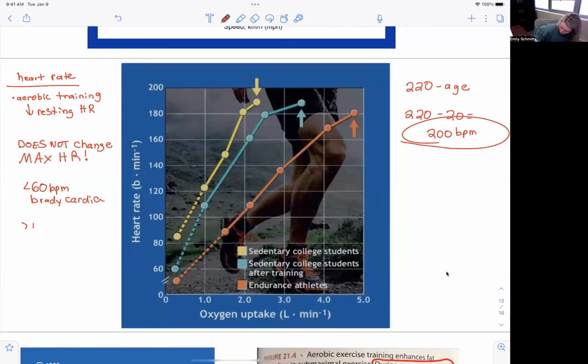And if your heart rate is over 100 beats per minute, that is called tachycardia. And we can have problems if you're below 60 or above 100, especially if that's not normal for you. So I should say that a normal resting heart rate is between 60 to 100 beats per minute.